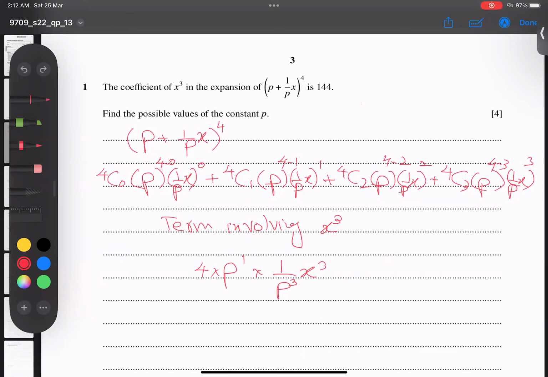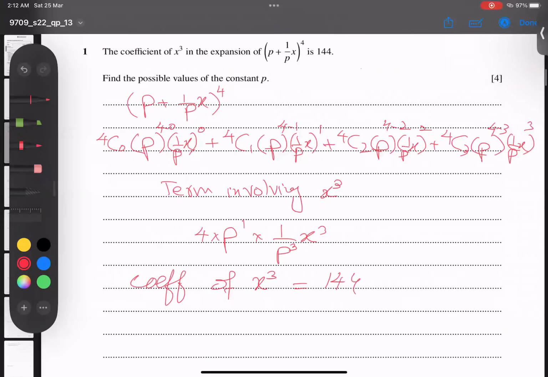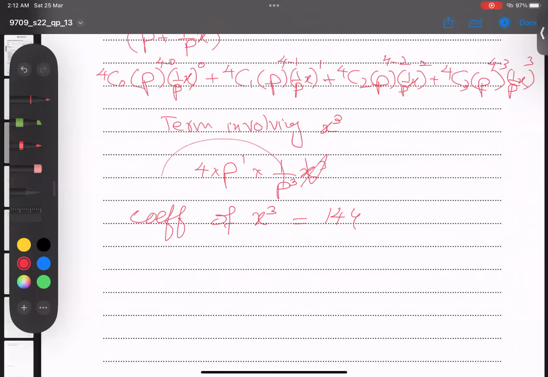Now he said that the x cubed coefficient is equal to 144. First of all, the coefficient of x cubed is equal to 144. So I will leave x cubed and take the rest of the whole thing. So 4 times p, and you know p and p square, p cube, so out of 3, 1 power is gone.